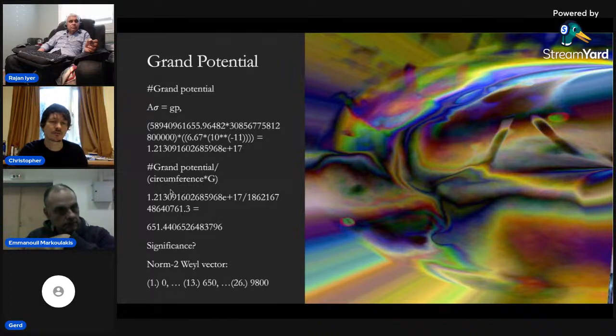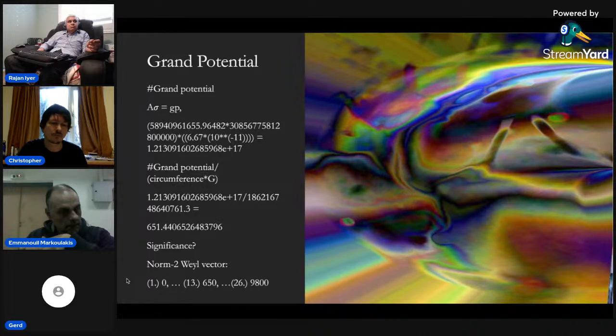We can play around with that and then divide the gravitational potential by the circumference times G, and that gives this value here, which is 651.4. I just included that because I thought it was interesting.